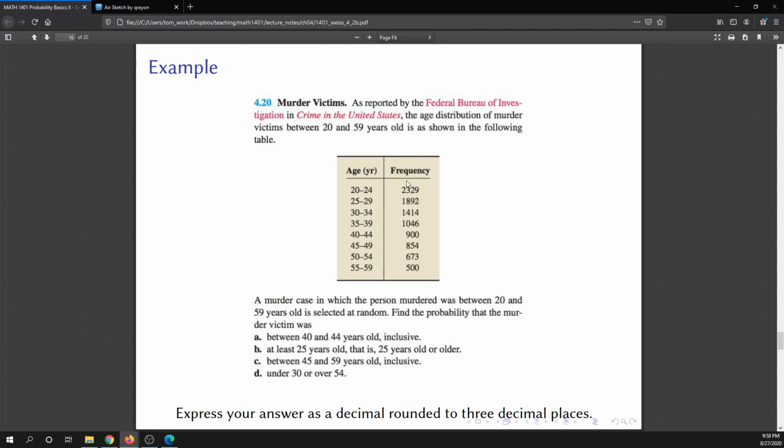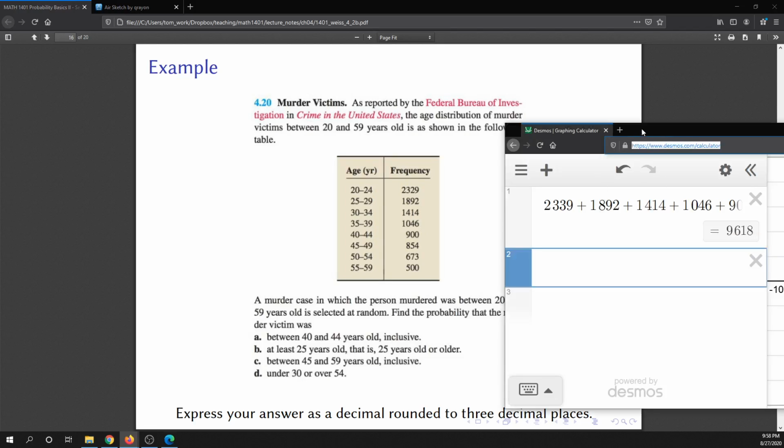So here we're given the frequency distribution, the counts. To calculate the probability of the events they're asking for down here, we are going to have to know how many cases are in our sample space. In order to do that, we're going to have to add up all of these numbers. I've already done that to save a little time, and I can see that the first number is off.